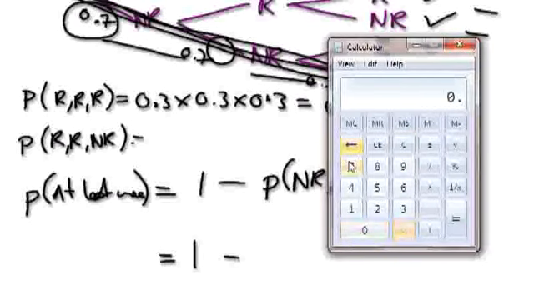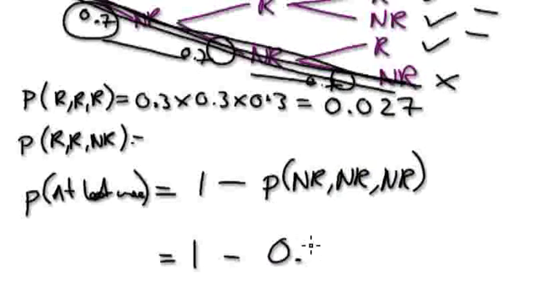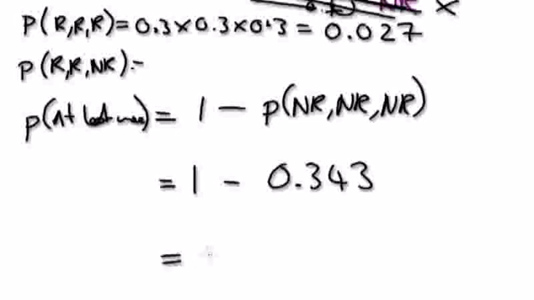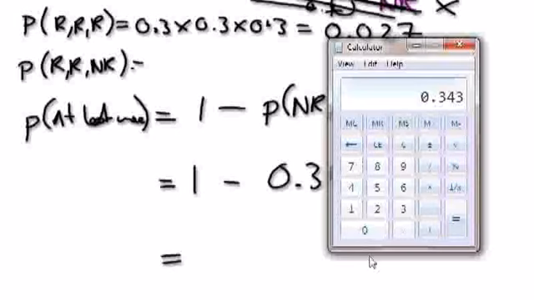So 0.7 times 0.7 times 0.7 equals 0.343. Okay, so I just need to get 1 take away that.